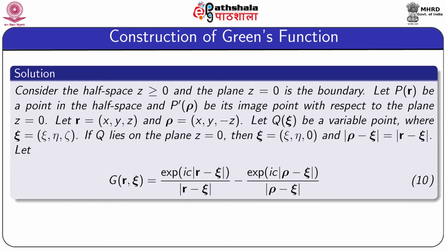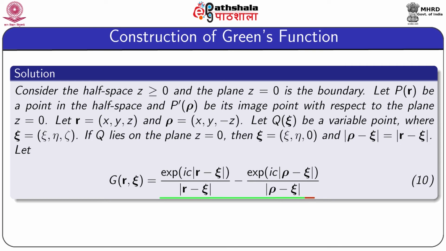And you can verify that if Q lies on the plane z equals 0, then mod of rho minus xi is equal to mod of r minus xi, and the expression for g, which in this case we are assuming in the form e to the power ic mod r minus xi divided by mod r minus xi, minus e to the power ic mod rho minus xi divided by mod rho minus xi, where rho is the image of r with respect to the plane z equals 0.